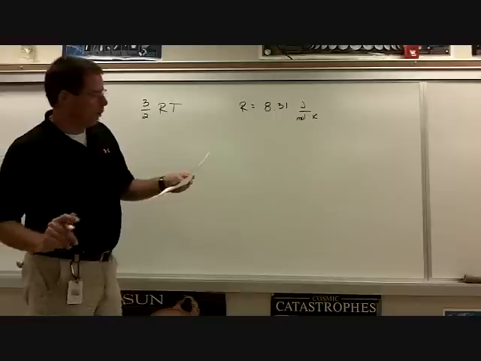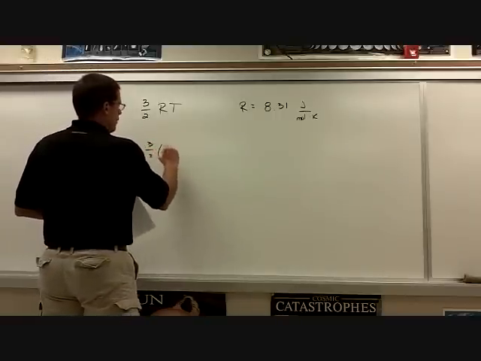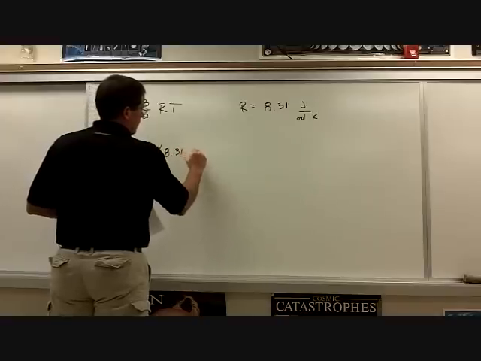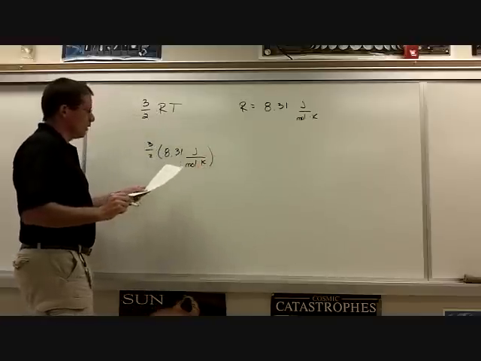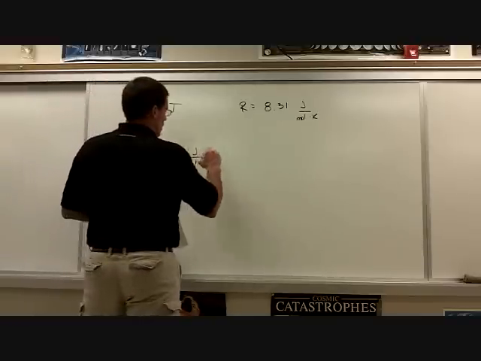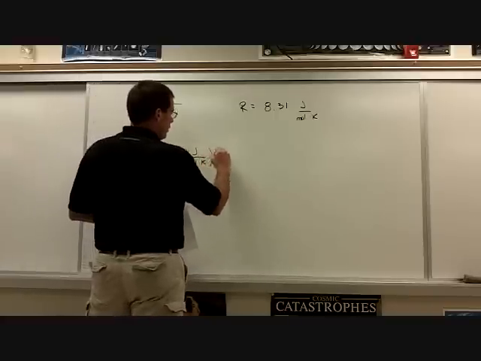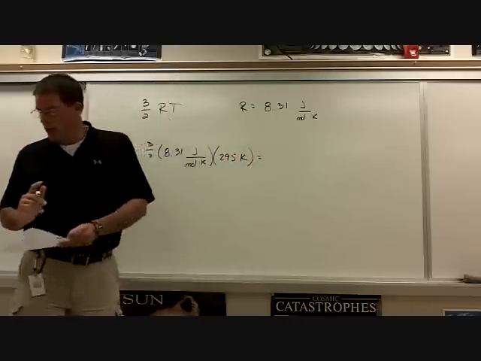For the SO2 molecules, let's go ahead and do 3/2 times 8.31 joules per mole Kelvin, and the temperature is 295. We'll leave it in Kelvin since our unit is Kelvin here. Let's get a value there.